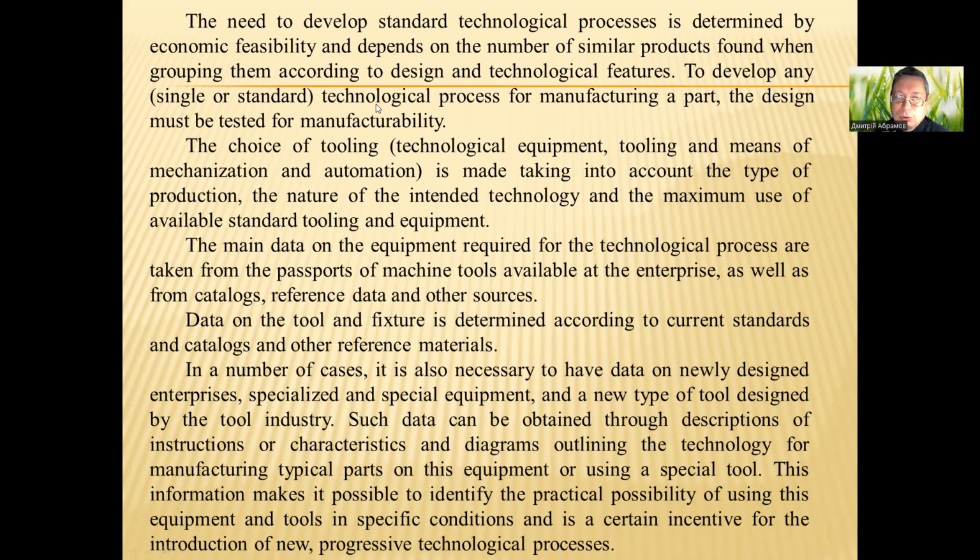Data on the tool and fixture is determined according to current standards and catalogs and other reference materials. In a number of cases, it is also necessary to have data on the newly designed enterprises, specialized and special equipment, and a new type of tool designed by the tool industry.